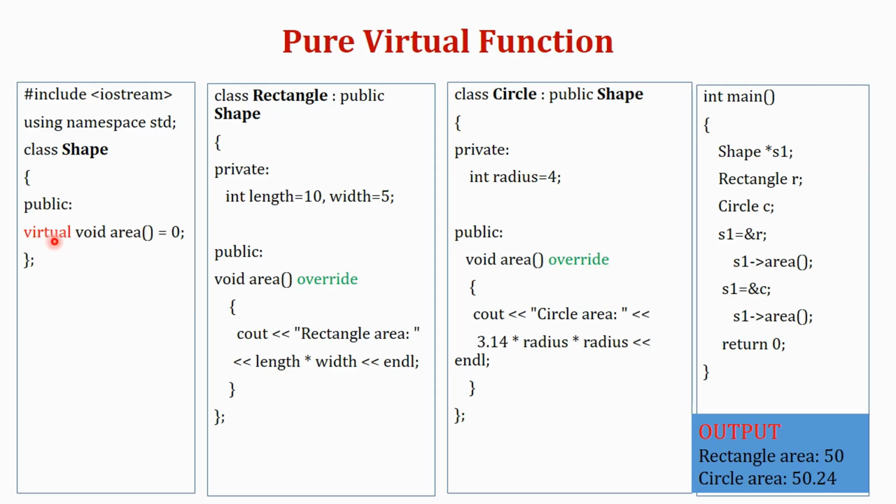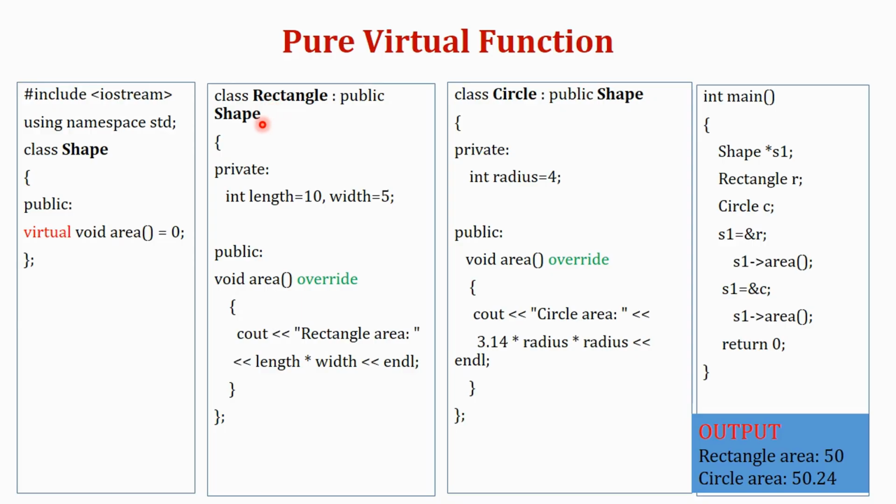So for example, virtual return type function name equals 0. So automatically the function declaration becomes a pure virtual function because the virtual keyword is there, and the class is closed. The same function is used in the derived classes. For example, one derived class name is rectangle.